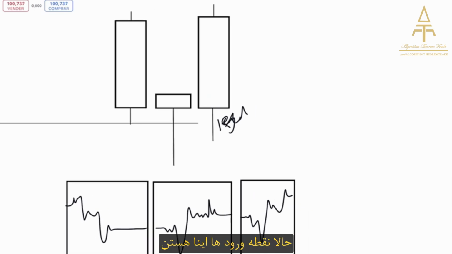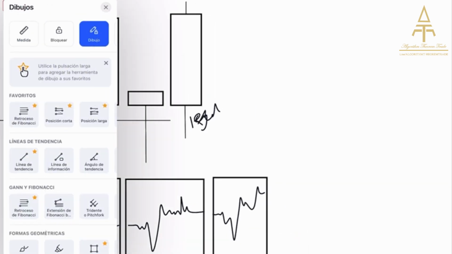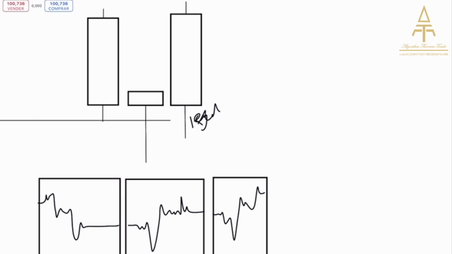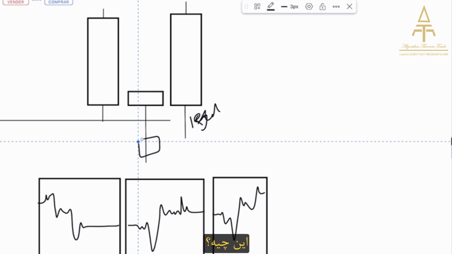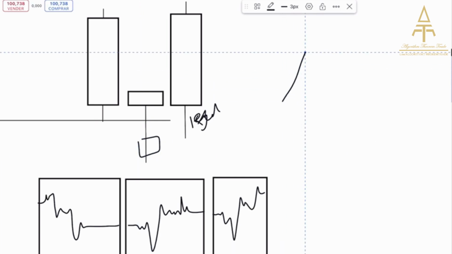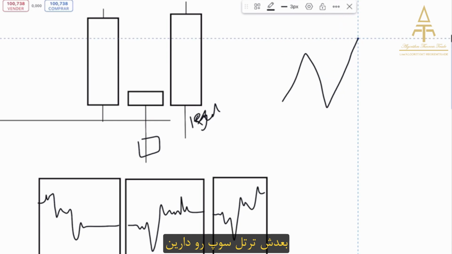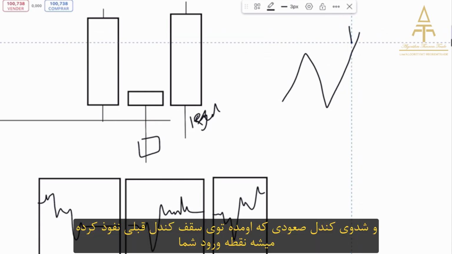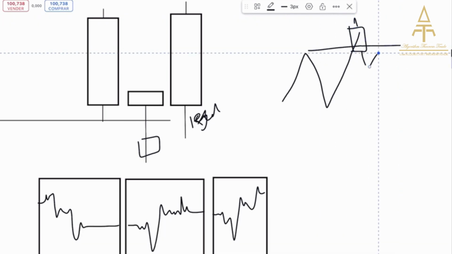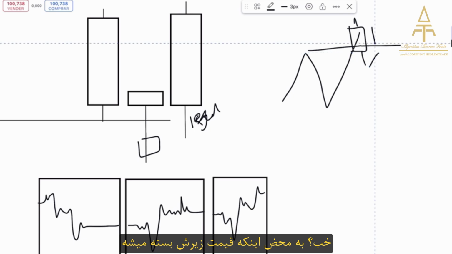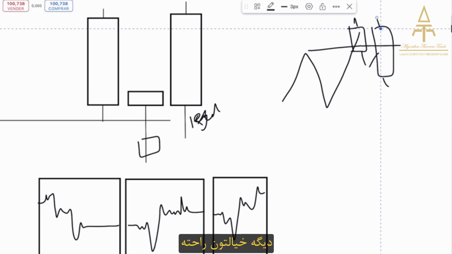Now, the entries are as follows. Model number 1 inside of this candle. What's that? You have a high, and then you have a turtle soup, and the thick up-close candle that's stabbed into the old high is your entry. As soon as you close below it, then you're good to go.